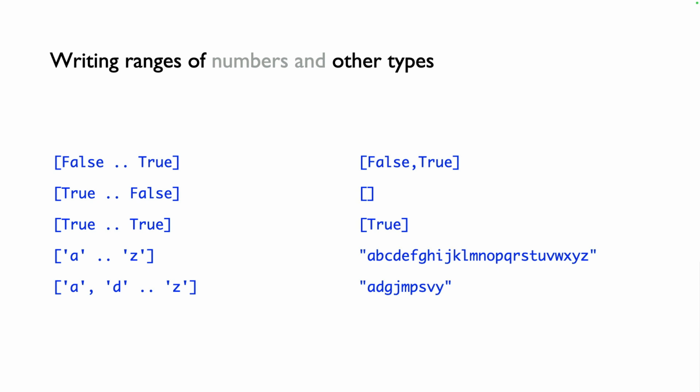We can give the list of characters from little a up to little z, and that gives us the list a, b, c, d up to z, because remember, strings are just lists of characters. And we can do that with an increment. And we can do this to any type that is enumerated. And we'll see some other examples of that, I think, later in the course. But I just wanted to show you these notations.